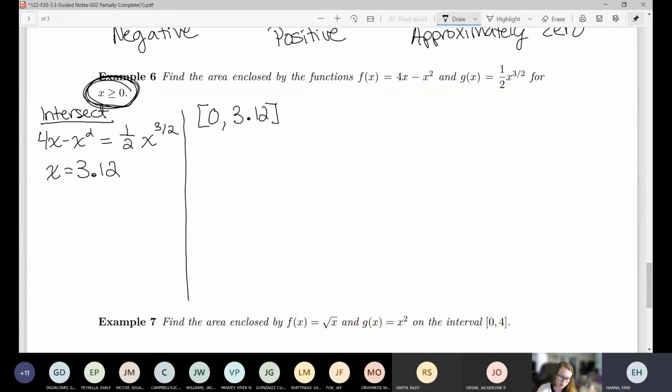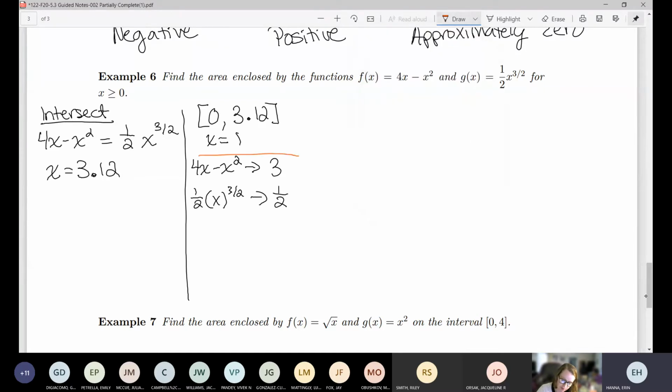So now we need to figure out which function is on top of the other. Well, we have the graphs, we can go back to that in a second. But if we wanted to do this algebraically, you would pick a number. So let's pick 1. You would plug that value into both functions. If you plug that into f, we'll get 3. And if we plug 1 into this one, we'll get 1/2.